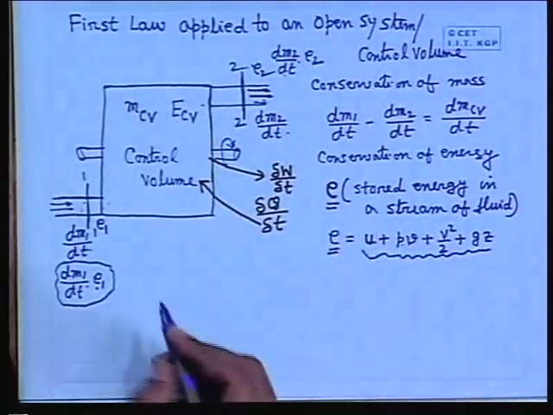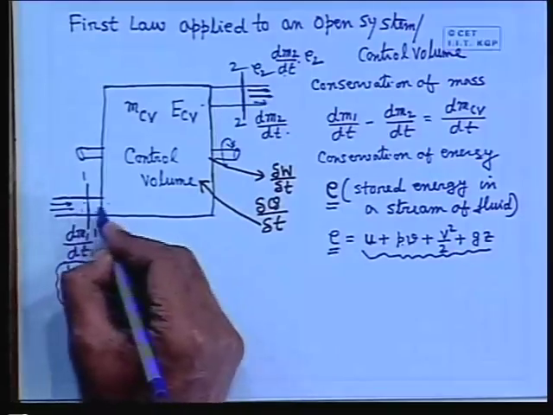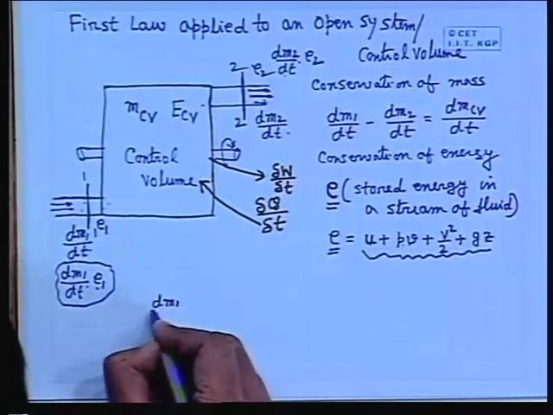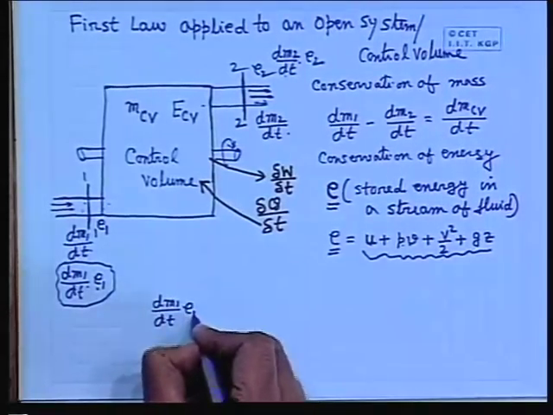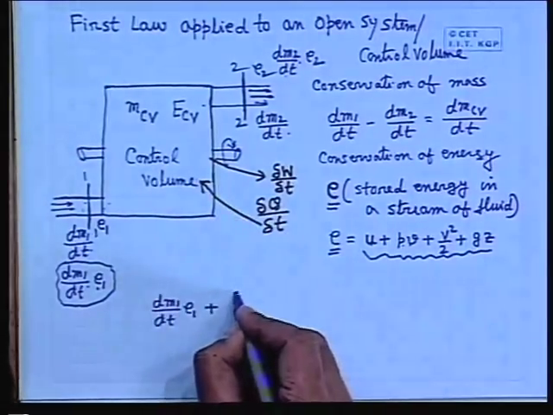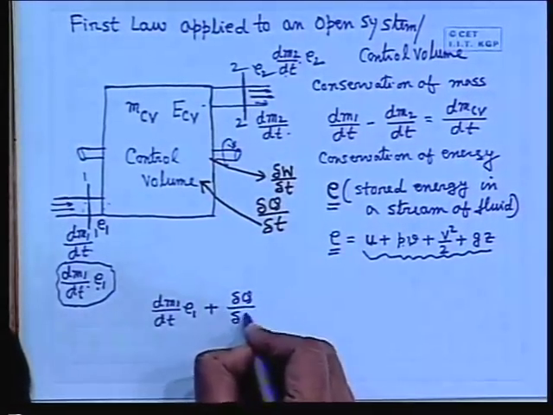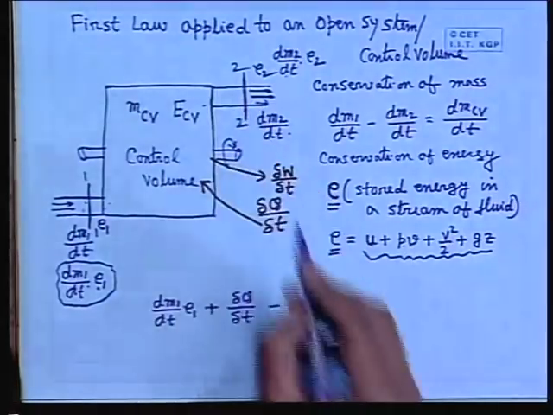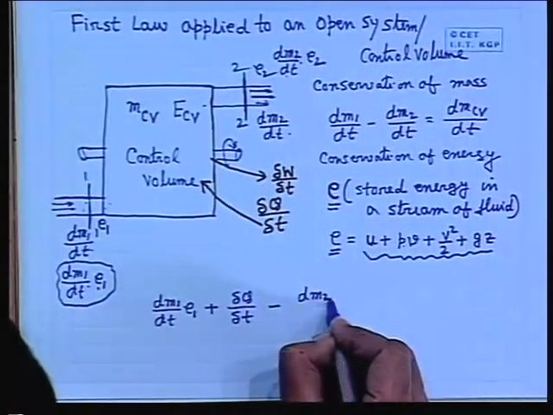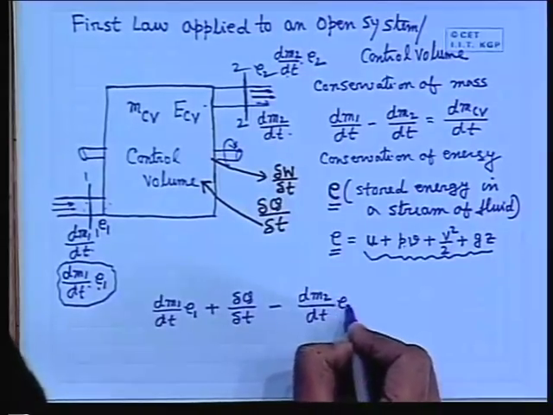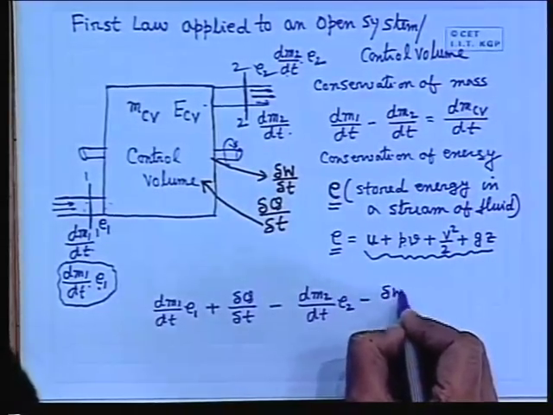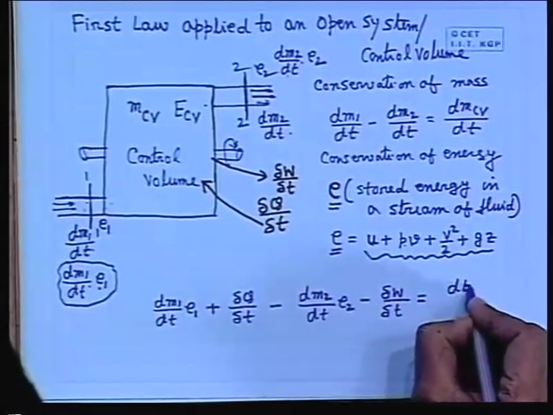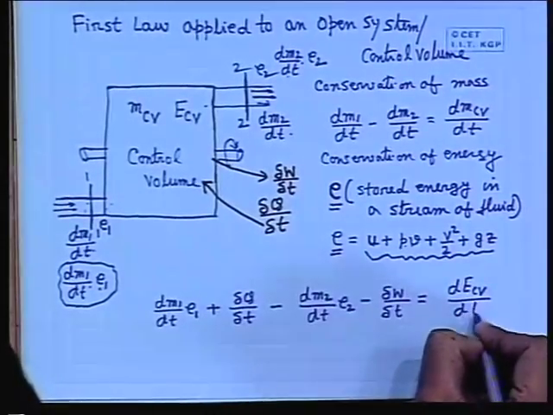Now we can write the conservation of energy like this: the total energy coming into the control volume will be dm1/dt into E1, plus in the form of heat it is coming, del Q/del T, minus the energy going out with the flow of mass in the outlet stream, dm2/dt into E2, minus del W/del T, is equal to the rate of change of energy of the control volume.